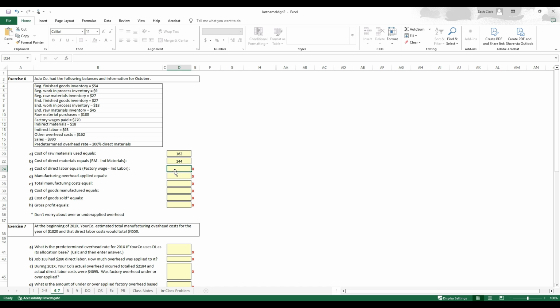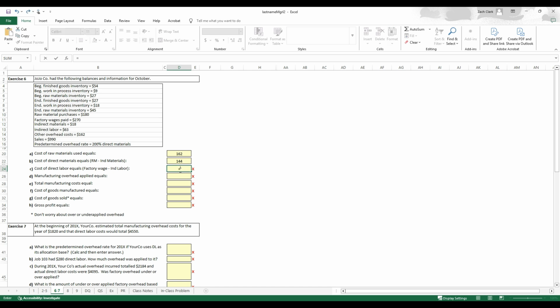Cost of direct labor: factory wages minus the indirect labor. So on this one, we're saying factory wages paid minus the indirect labor.